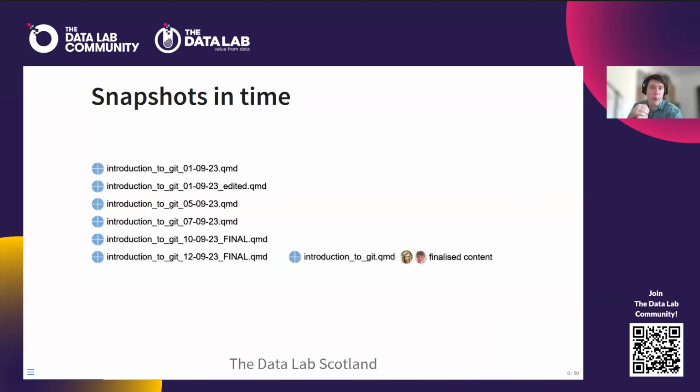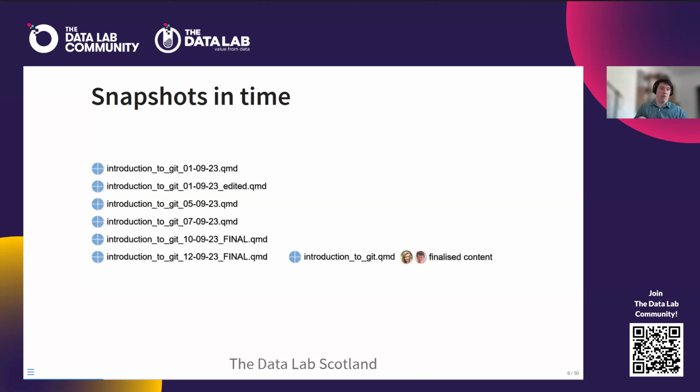So just a simple example here is what it might look like for this presentation. So Amelia and I have used a tool called Quarto to build this presentation, which is just an open source reporting tool that's very flexible, and we can use it across a range of languages. So we're using it here just to make this simple presentation. And on the left-hand side of this slide, we're just seeing what we might have done were we not using Git to version control our presentation.